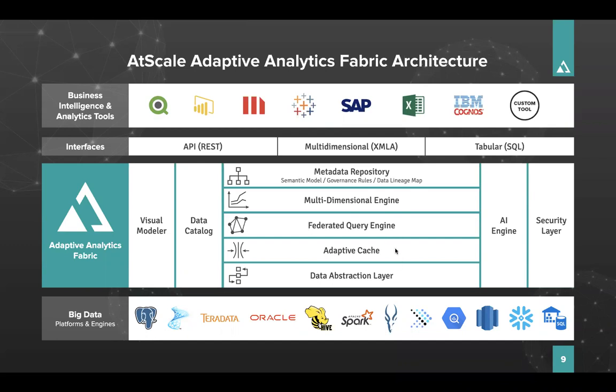We're going to show you our adaptive cache, our acceleration structures, and our aggregation engine that will automatically tune queries and performance on these data platforms for you, without any extra data engineering. You're going to see all that powered by our AI engine and our inference engine, where we learn query patterns, respond to them and tune them, and you're going to see that happen on the fly.